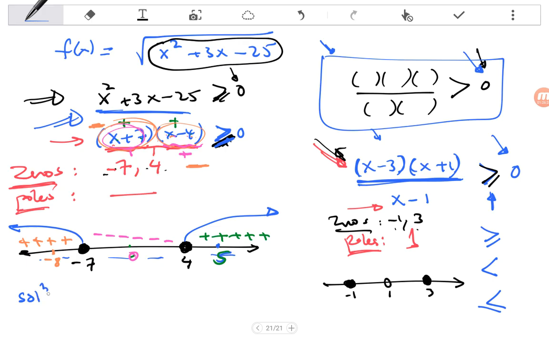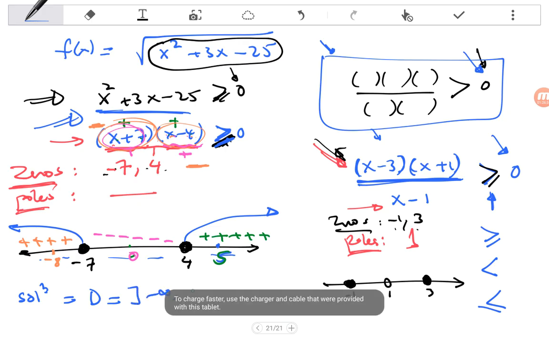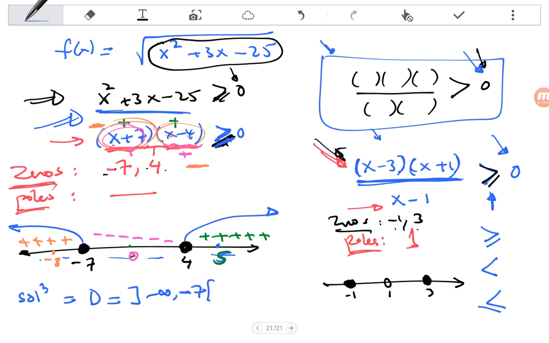So the solution of the inequality, which is exactly the domain of the problem, will be the interval from negative infinity to negative 7, open or closed? It is shaded, yes, so it will be closed. Union with the other interval, which is from 4 to infinity, 4 closed like this. So this is the domain of the problem.